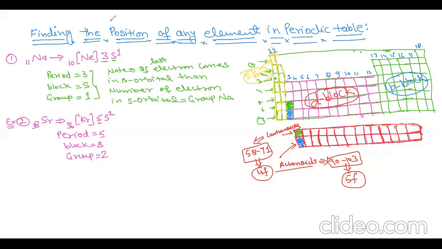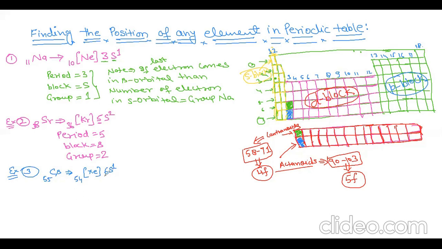Again, one more example, example number 3. I am taking the element cesium, 55. First of all, you write the electronic configuration of cesium: before cesium is xenon, which is 54, then 6s1. Now what is the position here?